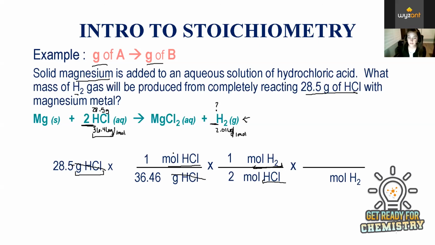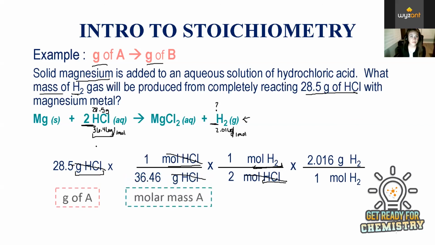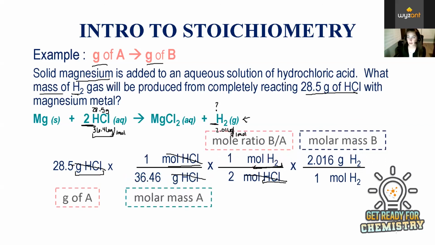You'll notice, again, moles of HCl cross out with moles of HCl. Now I have moles of H2. Pull that unit down to the last fraction. The last thing I'm trying to get to is mass of H2, which is grams. Because I've gotten into moles of H2, I can now get to grams of H2.